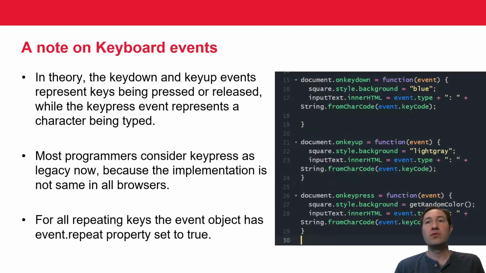Try not to use key press in any of your code. Stick with key down, key up, because those are more specific events to what's going on. If you're tempted to use key press, figure out which one is going to be a little bit better, because it's not quite the equivalent of click on mouse.